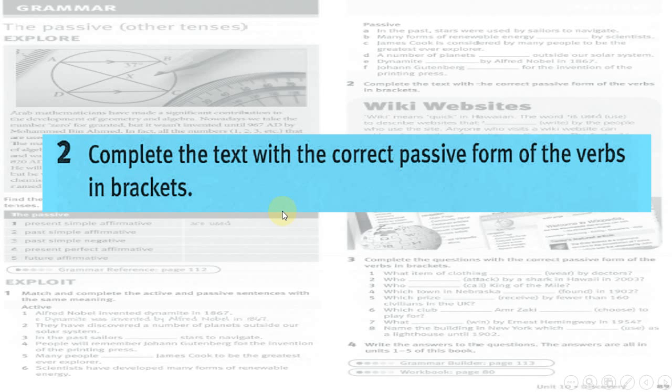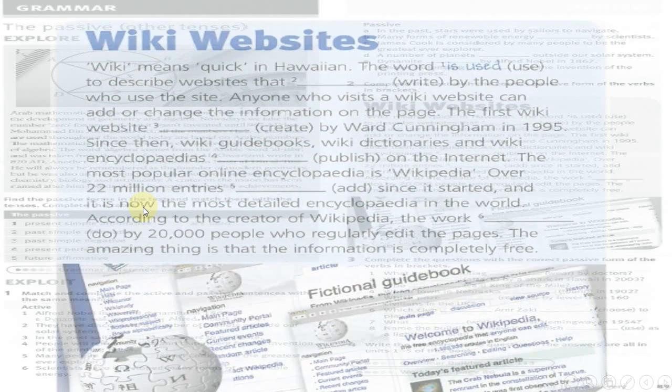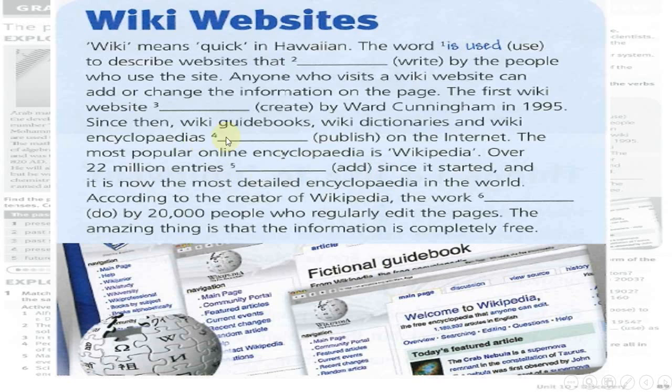Okay, now exercise 2. Complete the text with the correct passive form of the verbs in brackets. Let's read this text about wiki websites and change the verbs into passive, but remember, you should look at the sentence whether it is simple present, simple past, present perfect or future, okay?